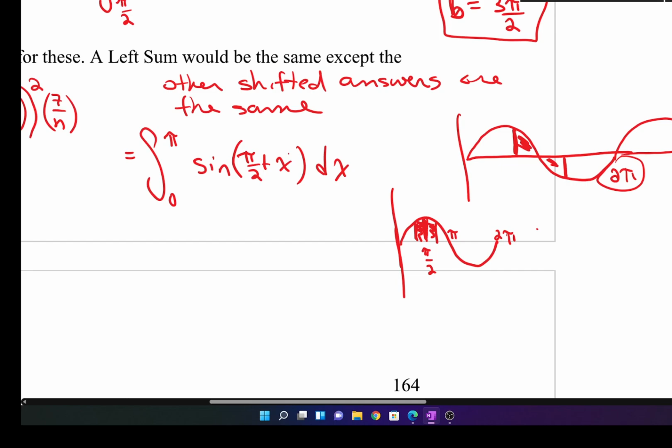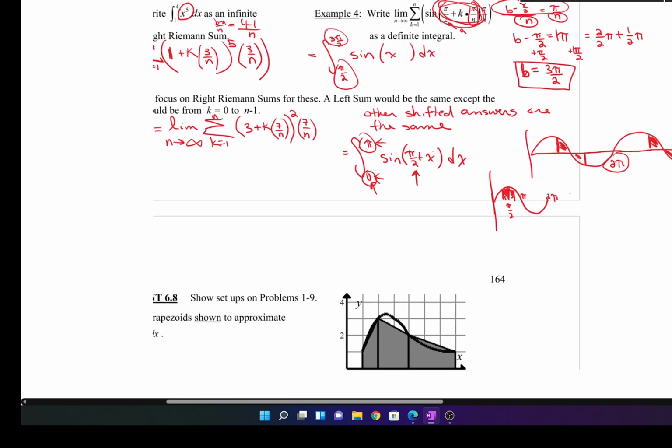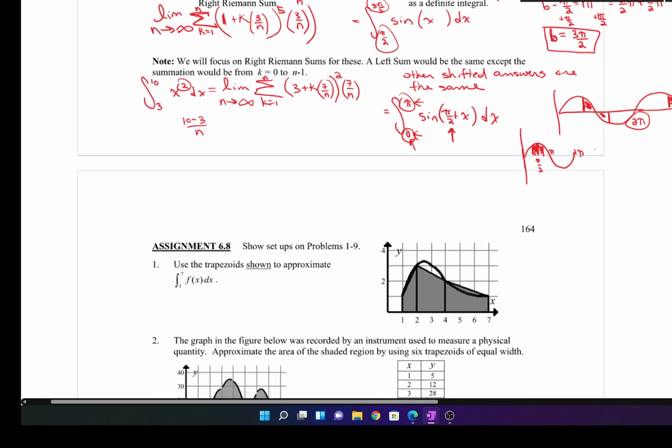And so it looks to me like he's incorporating that pi over 2 shift into the function, and then he's changing the limits of integration to match that shift. So if you have the pi over 2 in here, then you take away a pi over 2 from there, and you take away a pi over 2 from there, and that's how you end up with the 0 and the pi. So it's interesting. I don't know how you're going to use it, though, okay? And good luck on the assignment.